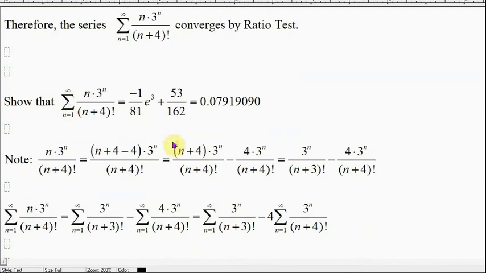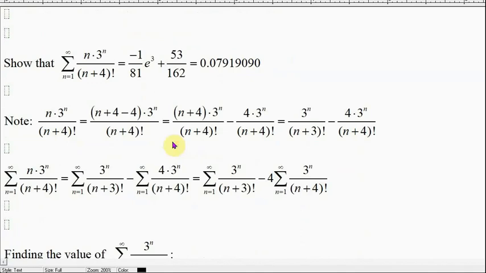And now let's show that this series here converges to negative 1 over 81 e to the third plus 53 over 162. So for the expression n times 3 to the n over (n plus 4) factorial, the n here we can rewrite as n plus 4 minus 4.